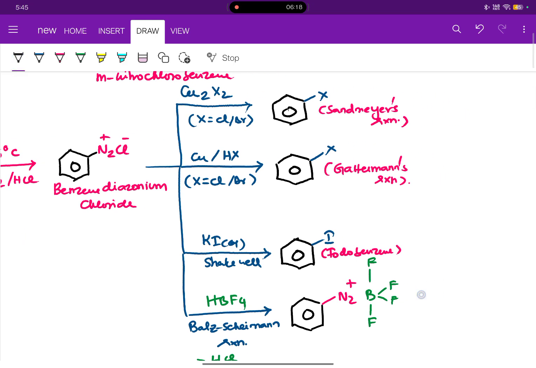When you heat this intermediate, it undergoes rearrangement. The fluorine will attack the benzene and the nitrogen will come out. So what is removed? Nitrogen is removed, BF3 is removed. So what is left over? The benzene ring and one fluorine attached. So you get fluorobenzene.